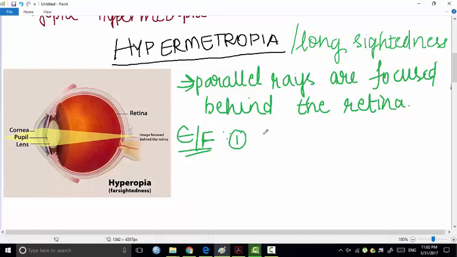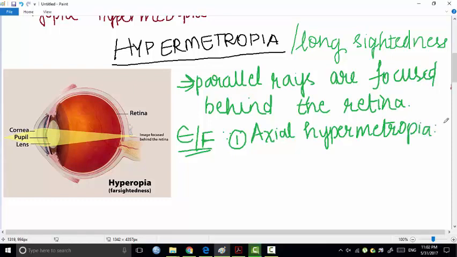One is axial hypermetropia. As the name says, axial is the axis, so there is a difference in the axis.